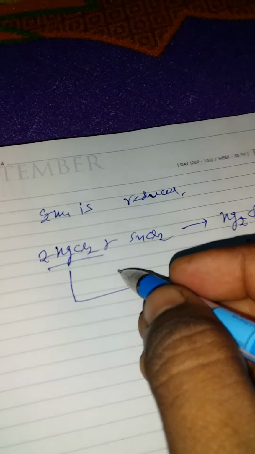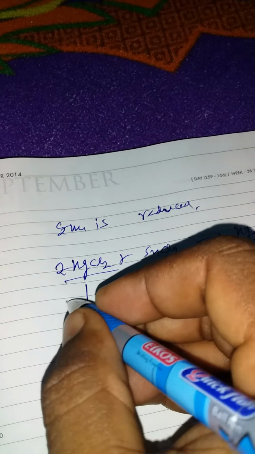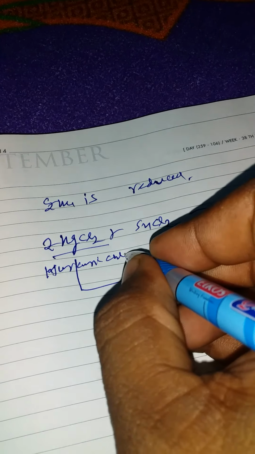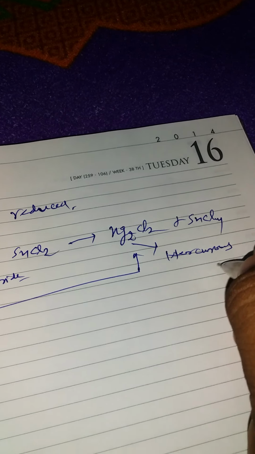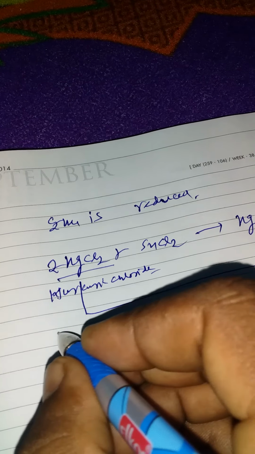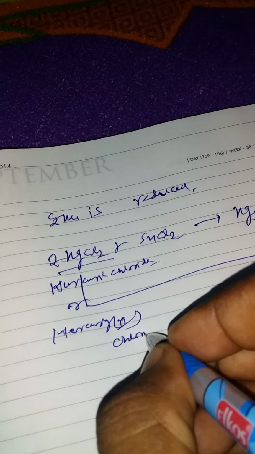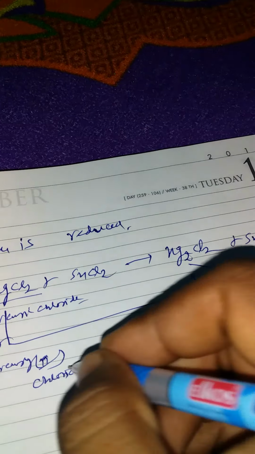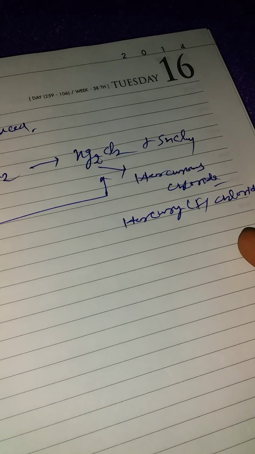HgCl2 is mercuric chloride, and Hg2Cl2 is mercurous chloride, that means mercury 2 chloride has valency 2, and in Hg2Cl2, mercury has valency 1.